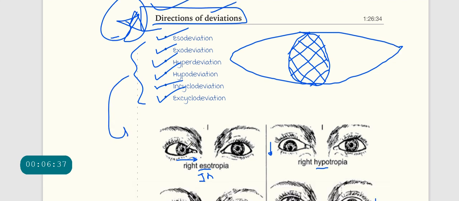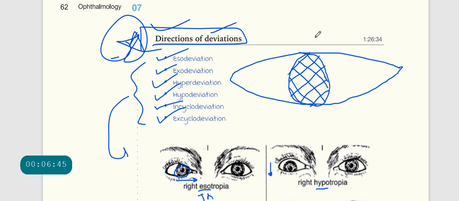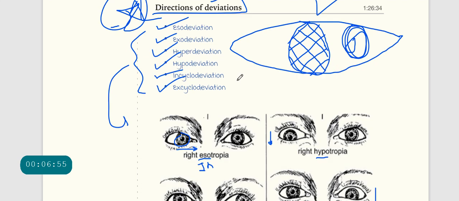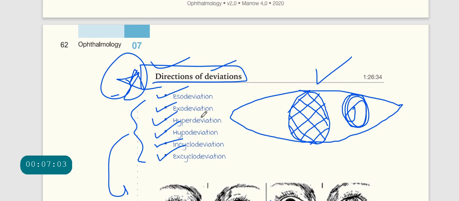Assume this as a normal eye, so the deviation would be inwards. Then comes the exodeviation, also called exotropia.